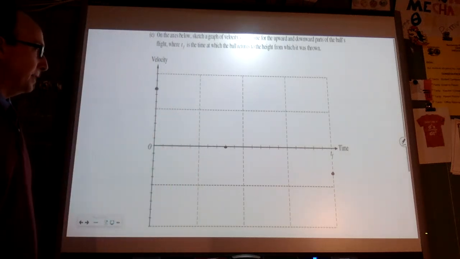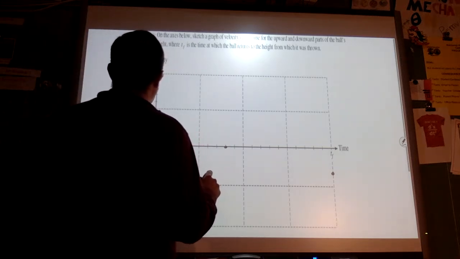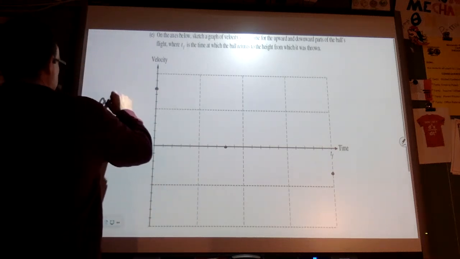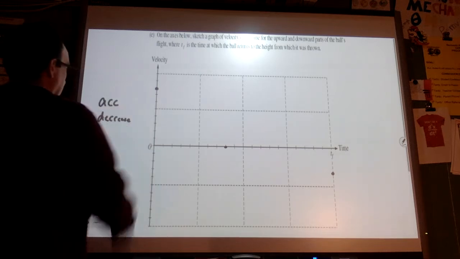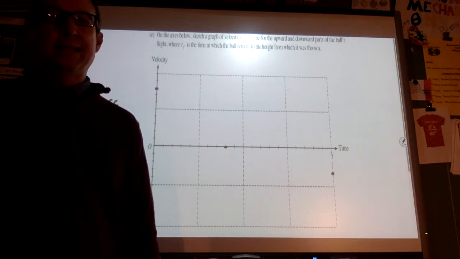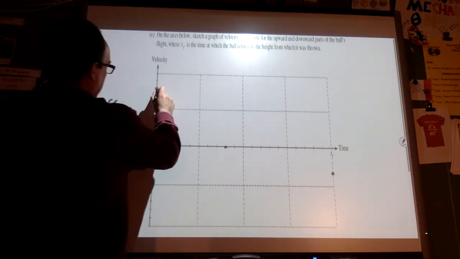And then as we go up, our acceleration needs to decrease. That's what they told us. So that means I need to start with a steep curve and go to a less steep curve.